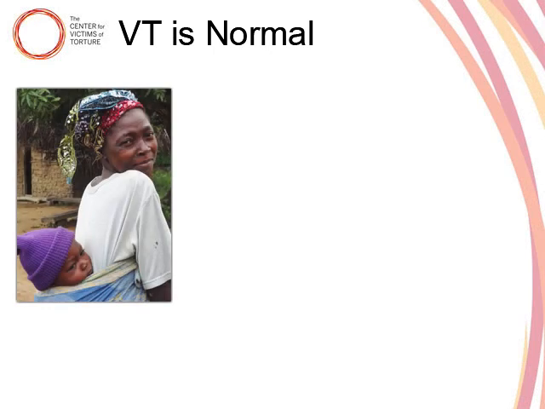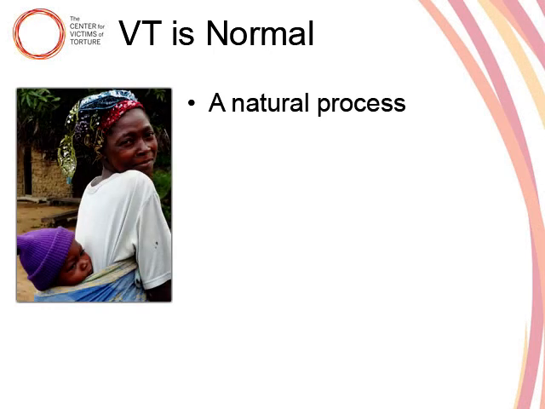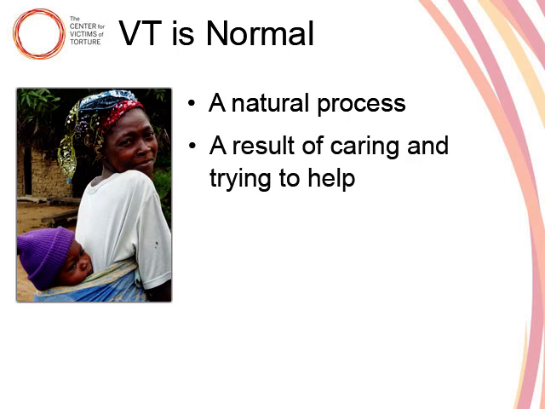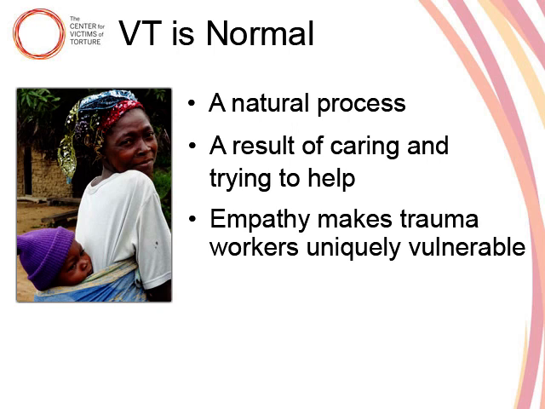Second, vicarious trauma is a normal and predictable outcome of helping others who have had painful, traumatic experiences. It is a natural process in which our emotional experiences and relationships are disrupted or changed. This happens because we care, because we empathize.